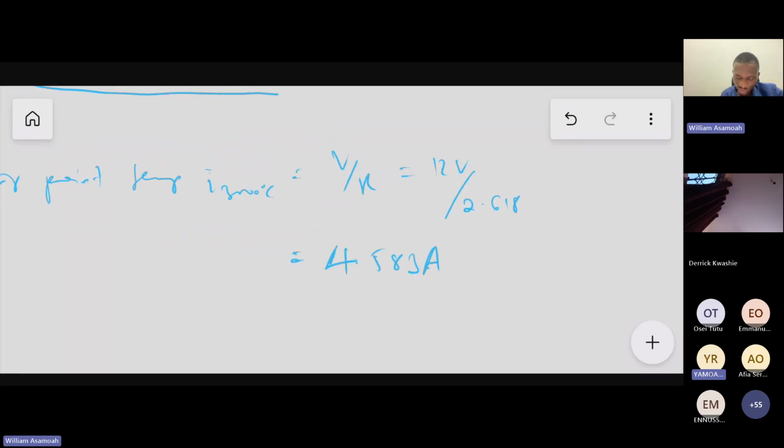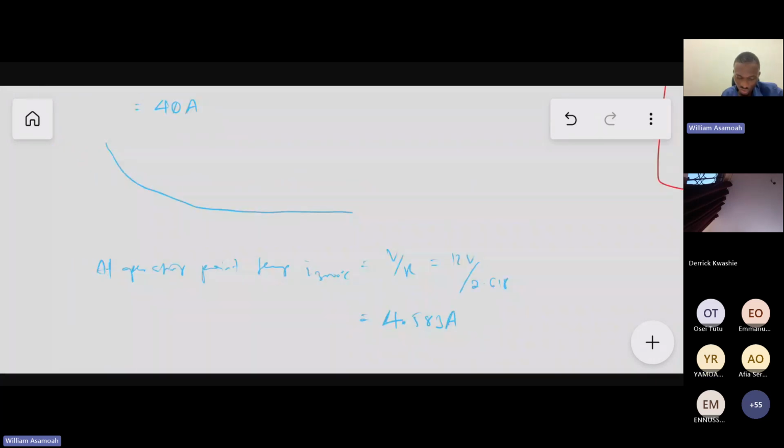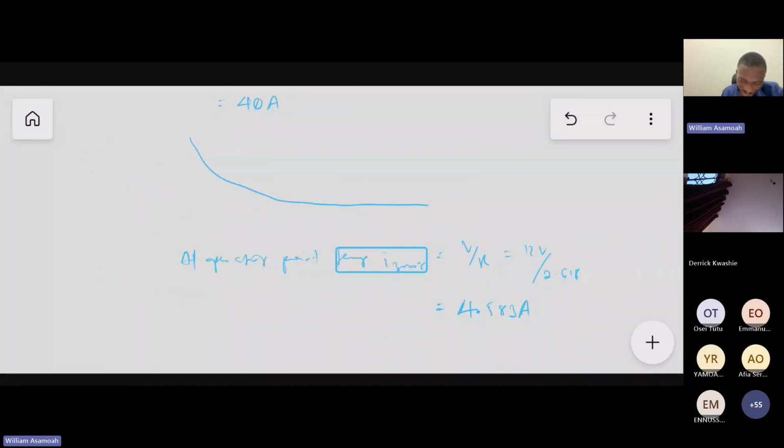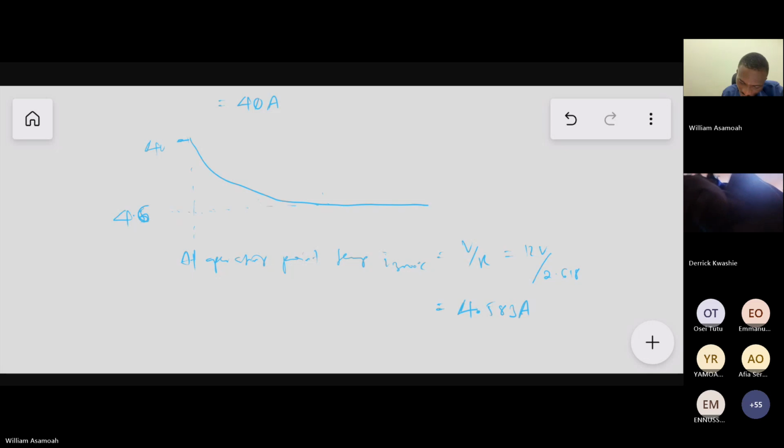Great. So the current draw will start at an instantaneous high of 40, then it would settle down to a stable 4.6. And this period happens in a very short time compared to all of this.